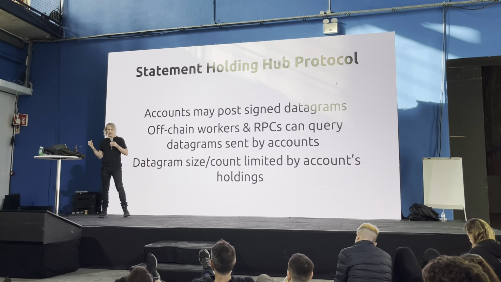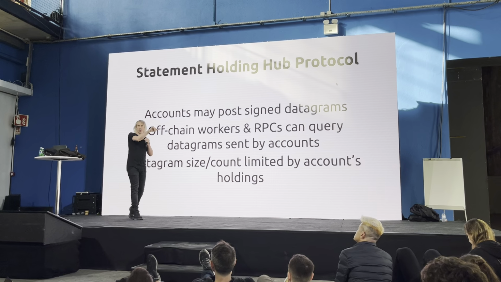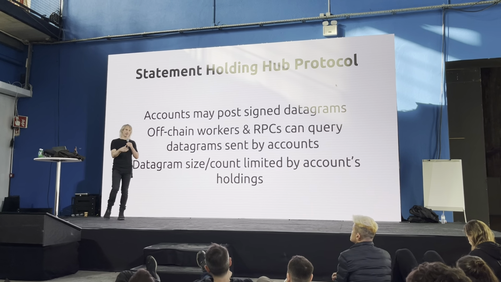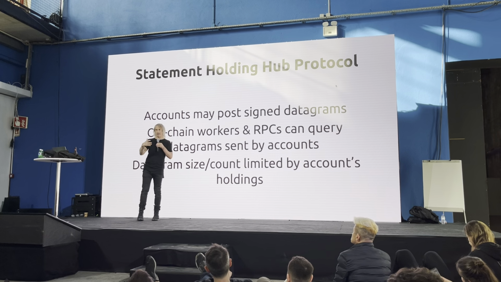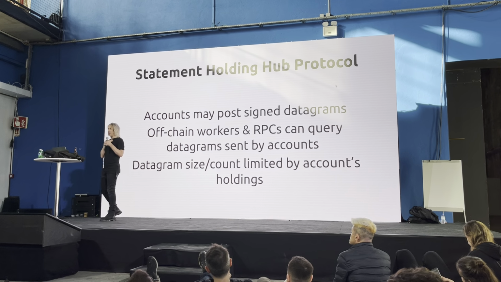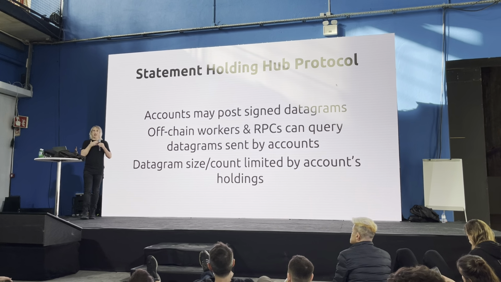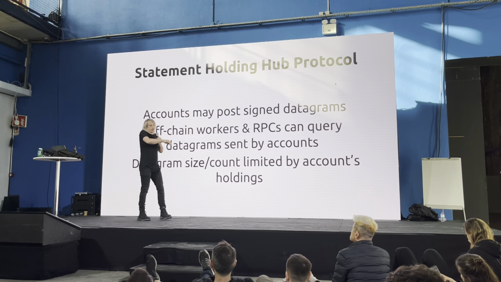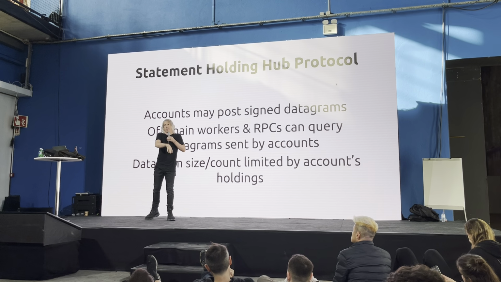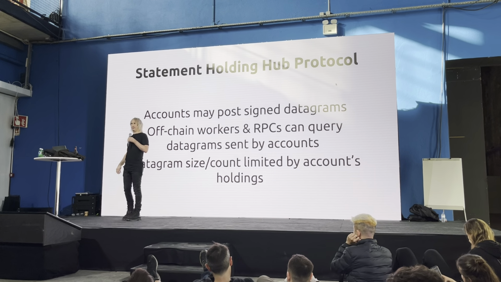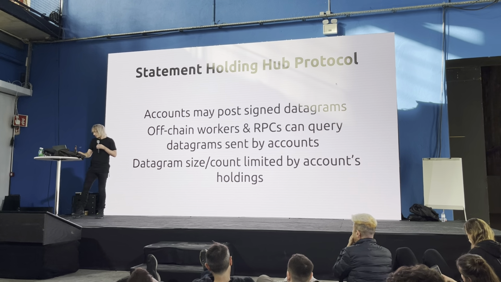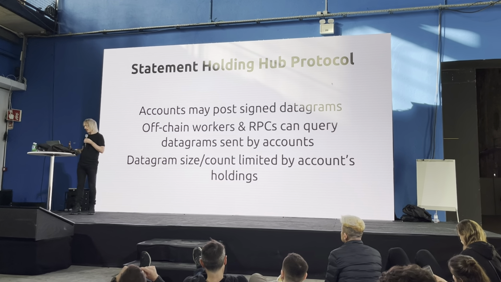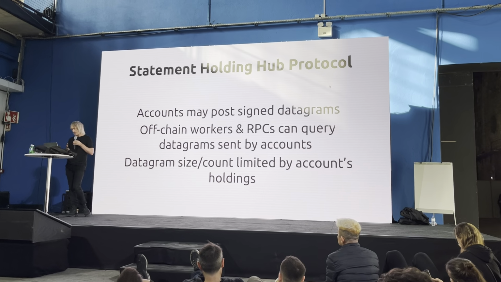And Raul can pay the fees, include this signed statement on chain, and then the chain will run the delegation and he will be delegated. I never had to pay any money, only Raul does. It's an opt-in for Raul. If he says, well, this guy hasn't got enough DOT to make it worth my while, then he'll just ignore the statement. So this is the sort of thing that this opens up, but there's a whole host of other stuff, I am sure, that you might be able to think of as well.